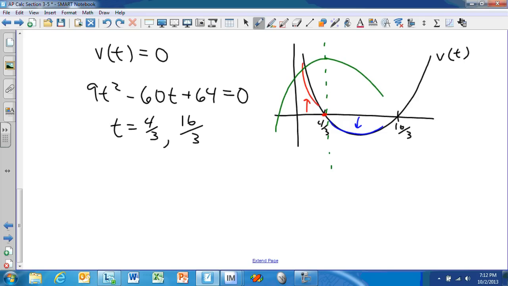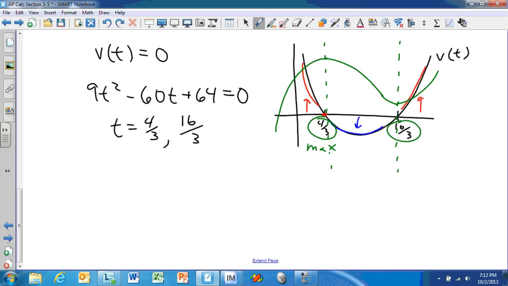And then here at 16/3, I am going to hit a slope of 0 again. And because my derivative is above the x-axis at this point, that tells me that my original function must be increasing. And so that's a minimum at 16/3. So I have a maximum right here at 4/3. That's my max.